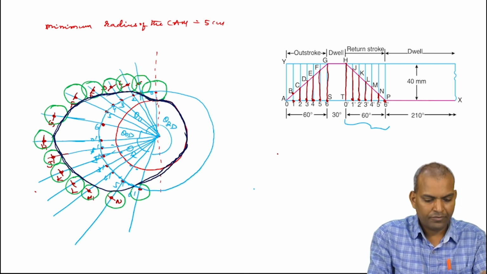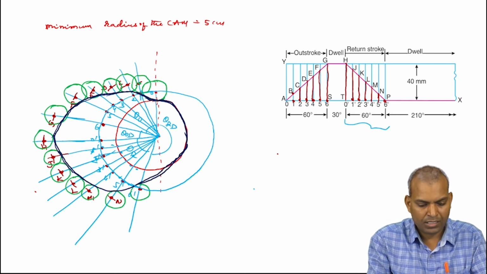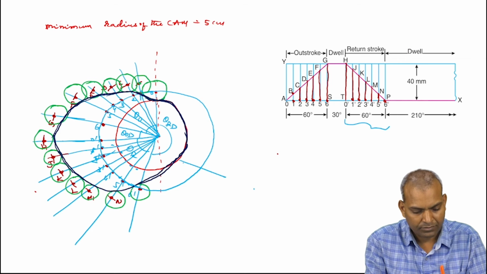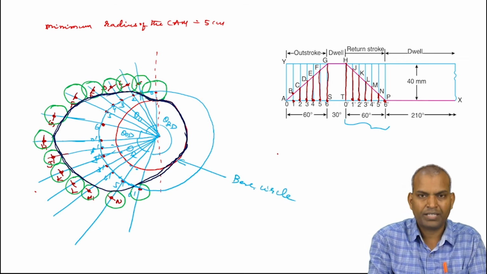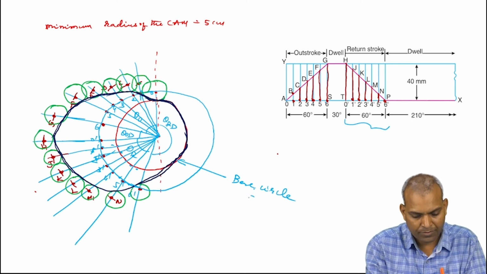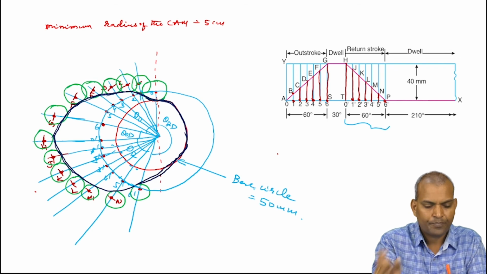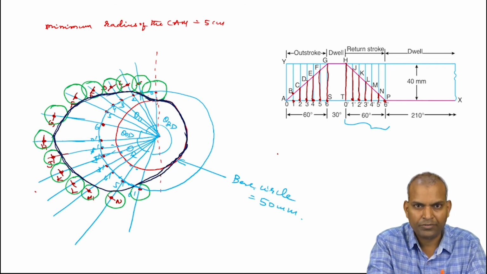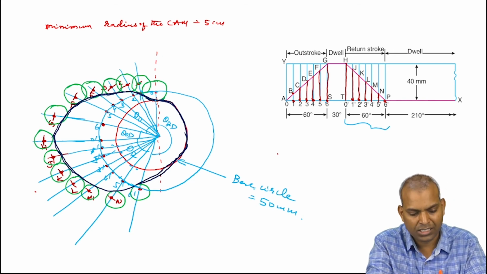So let me explain step 1 in this cam profile drawing. Draw a base circle. The minimum radius of the cam is 5 centimeters, that is 50 millimeters. Second step, locate the point of contact of the roller and the center, and draw an axis line.